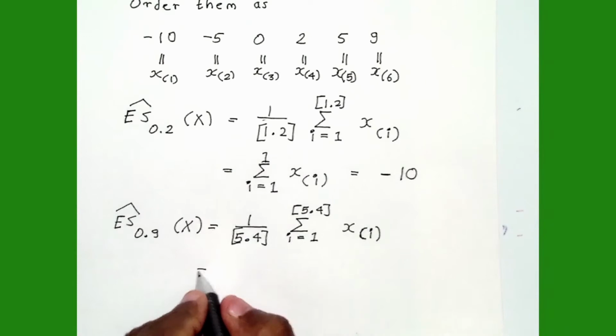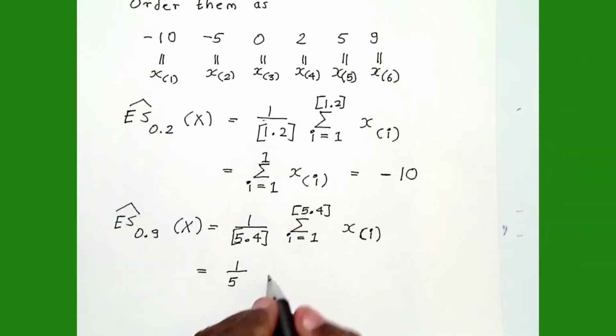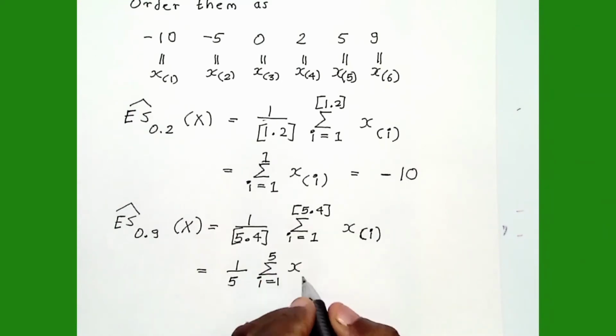The integer part of 5.4 is 5, so this will be 1 over 5 times the sum i from 1 to 5 of this.